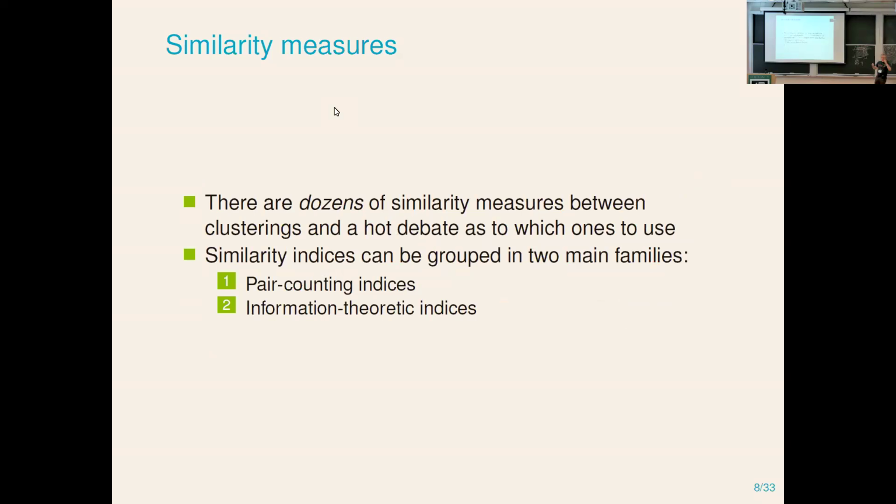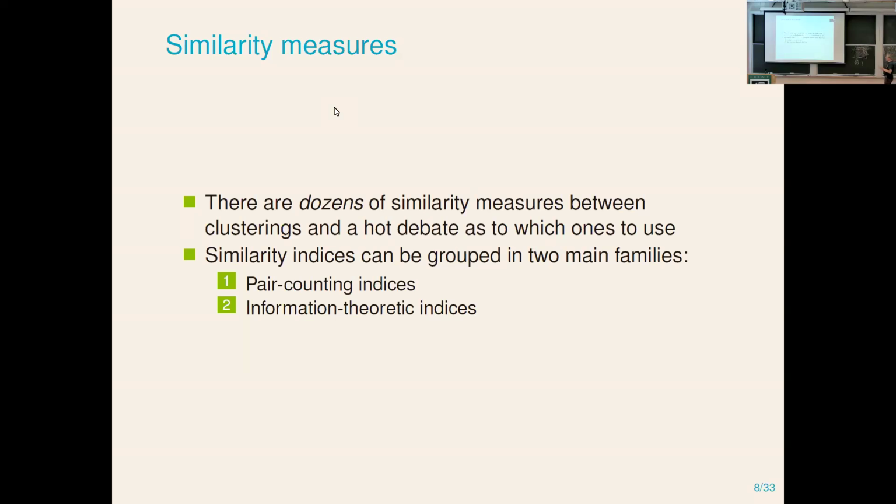And there are many, literally dozens of similarity measures that have been proposed in the literature. And there's a hot debate also about which ones are the good ones, the best ones. Because again, depending on which similarity measure you pick, this will correspond with your intuition about what's a good clustering or not.